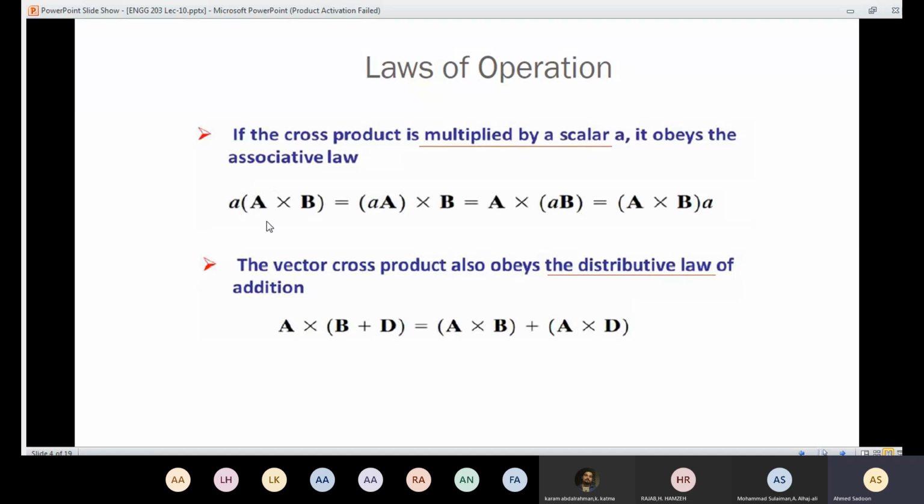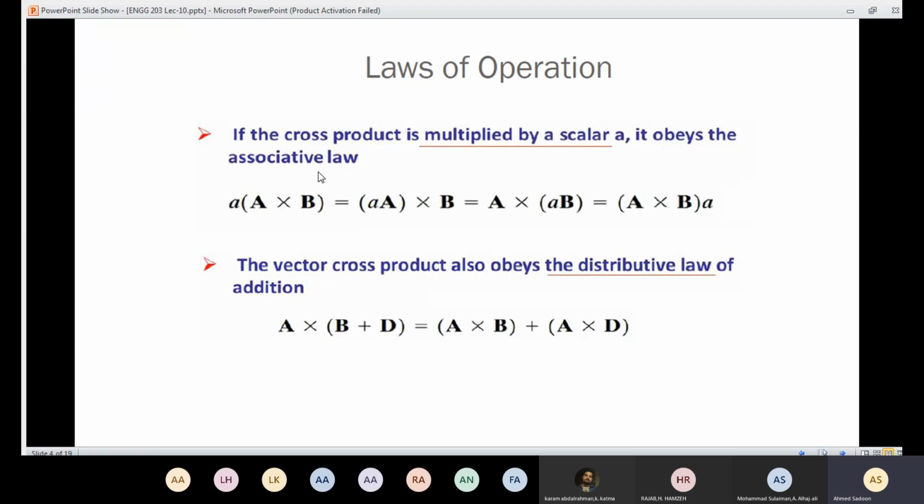You can say that this amount equals small a times A vector cross B vector, or you could say it equals A vector cross small a times B vector. Or you can put the scalar at the end. So the cross product obeys the associative law.